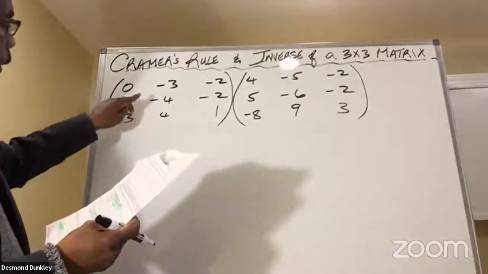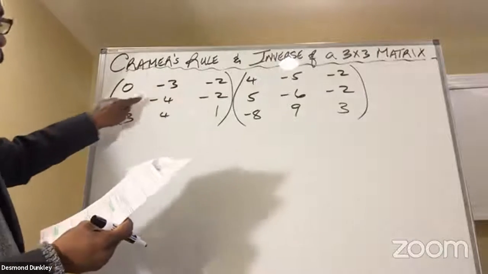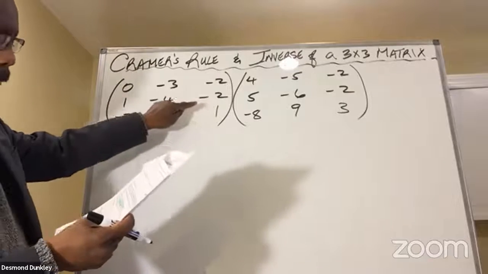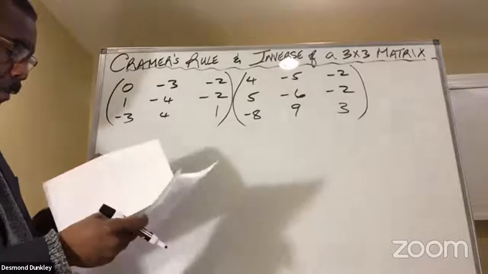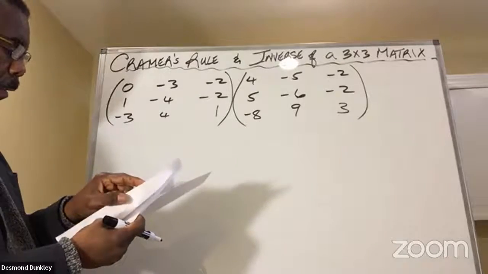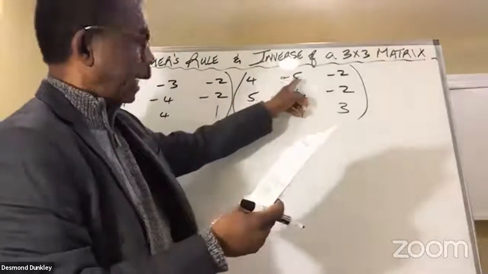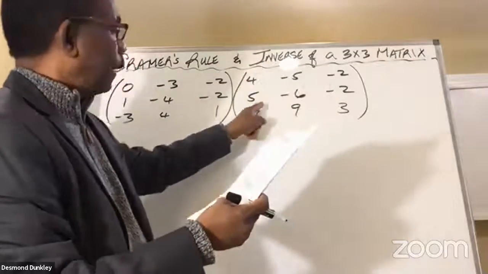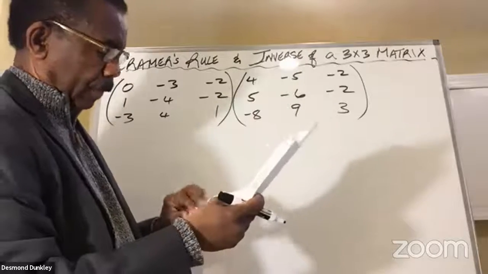Let's go double check to make sure the numbers are correct. 0, -3, -2, 1, -4, -2, -3, 4, 1. Okay, and then this is 4, -5, -2, 5, -6, -2, -8, 9, 3.